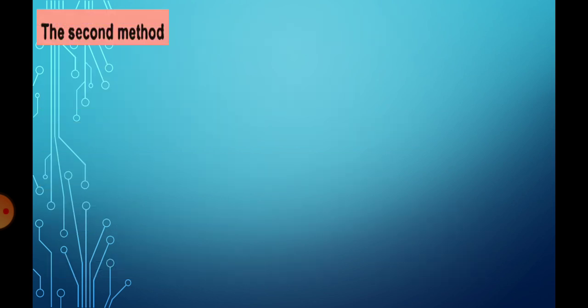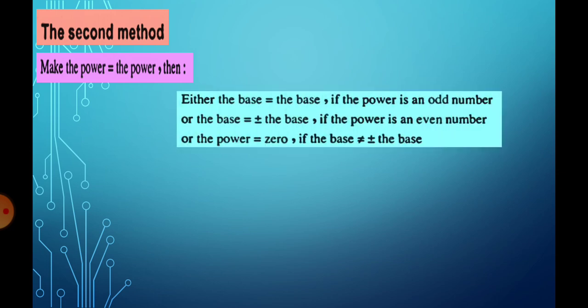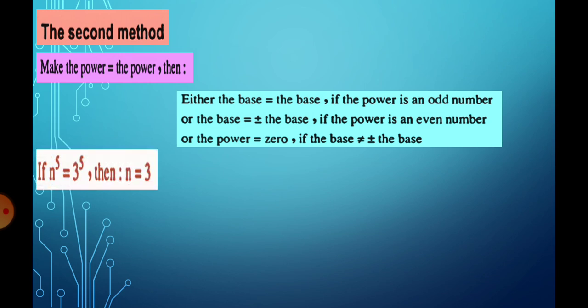The second method, we make the power equal the power. Power equals the power has three cases. Base equals base if the power is odd, or the base equals positive or negative another base if the power is even, or the power equals 0 if the base doesn't equal another base. Like number 1, n to the power 5 equals 3 to the power 5.